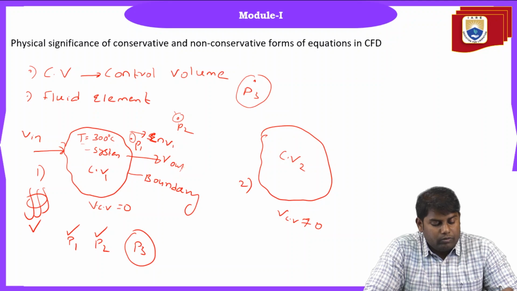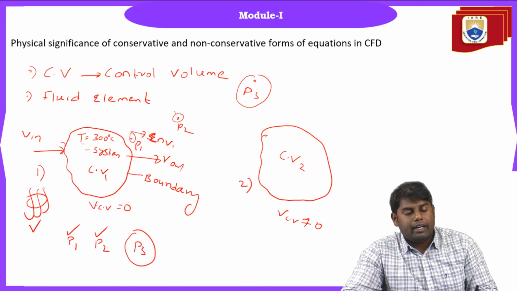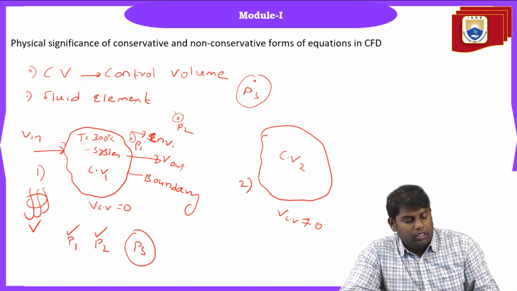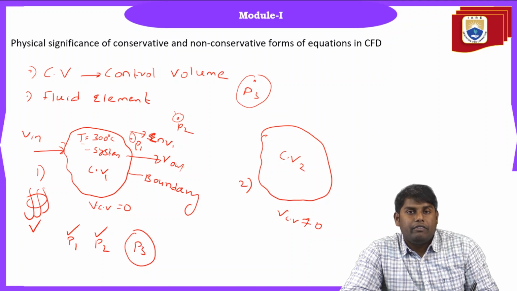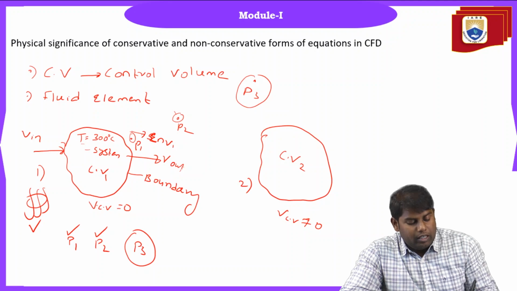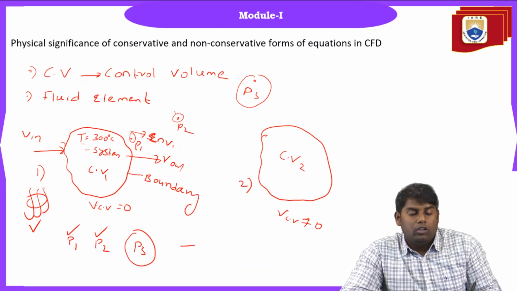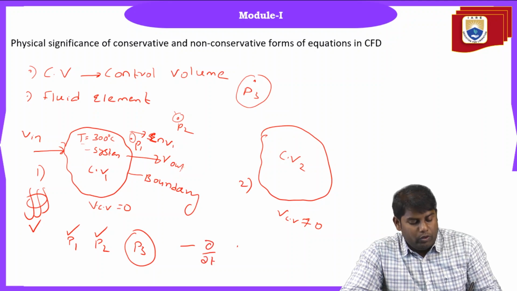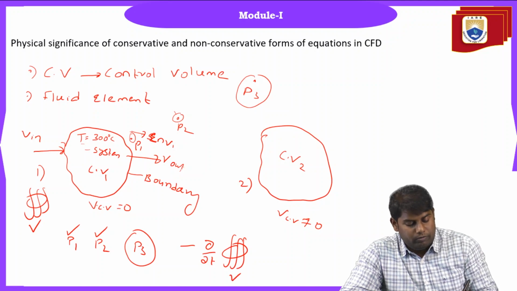Fine. So for example, let us write down the continuity equation, where the rate of decrease of mass inside the control volume. Decrease is nothing but negative. The rate is nothing but ∂/∂t, and when you do the volume integral, the meaning is whatever change is happening inside the volume, ρ dV.